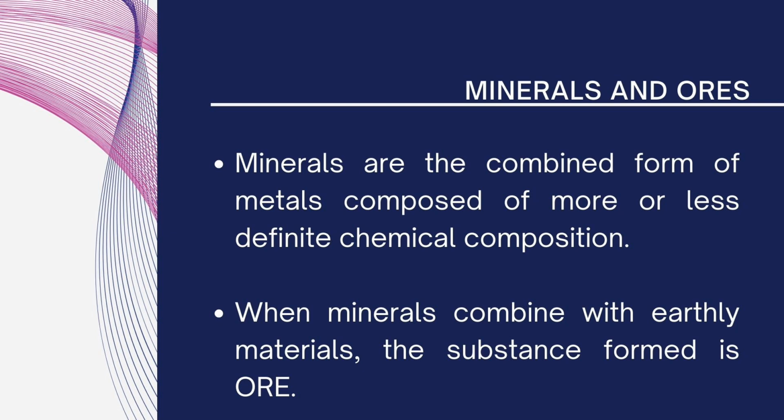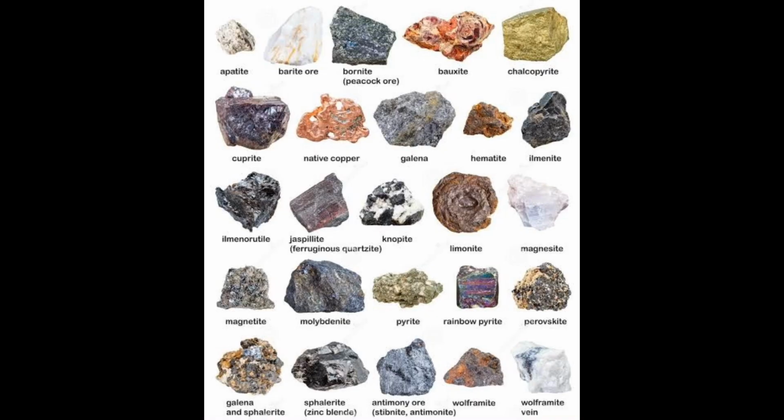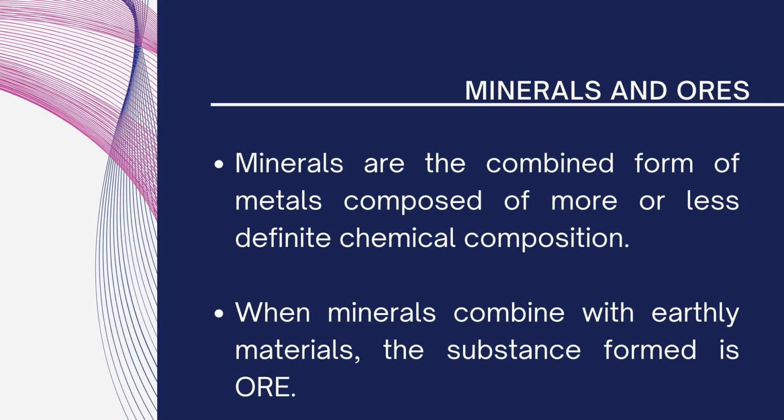Okay, and then when it comes to ores, ores are formed when minerals combine with earthly materials. Most times minerals are not just found hanging around. Minerals are found in the soil or in the sand, or with earthly material. When I say earthly material, I mean dust, sand, soil, covering that particular mineral.